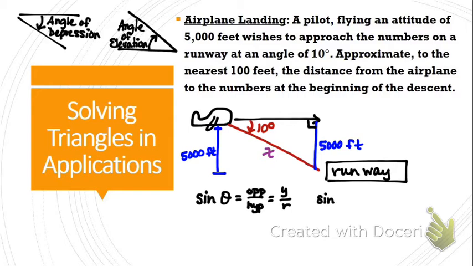So I have sine of 10 degrees equals, do we have a number that we can put in for the opposite? 5,000. What about the hypotenuse? X, that's the thing that we're looking for. Talk to me about how I can find X.